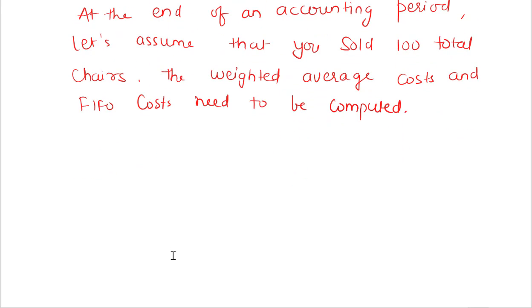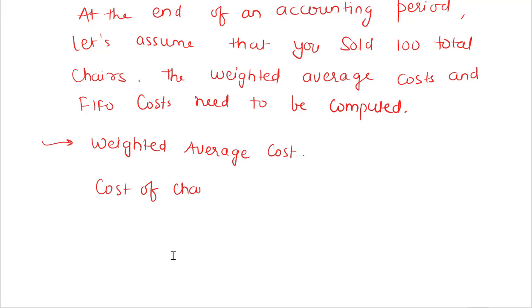Weighted average cost of chair equals rupees 6,000 divided by 500 equals rupee 12 per chair.